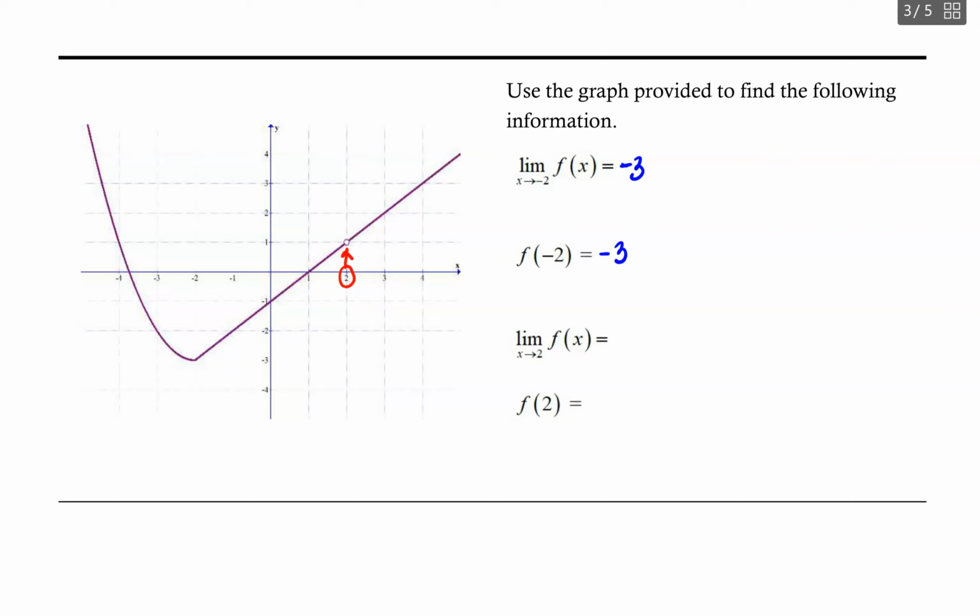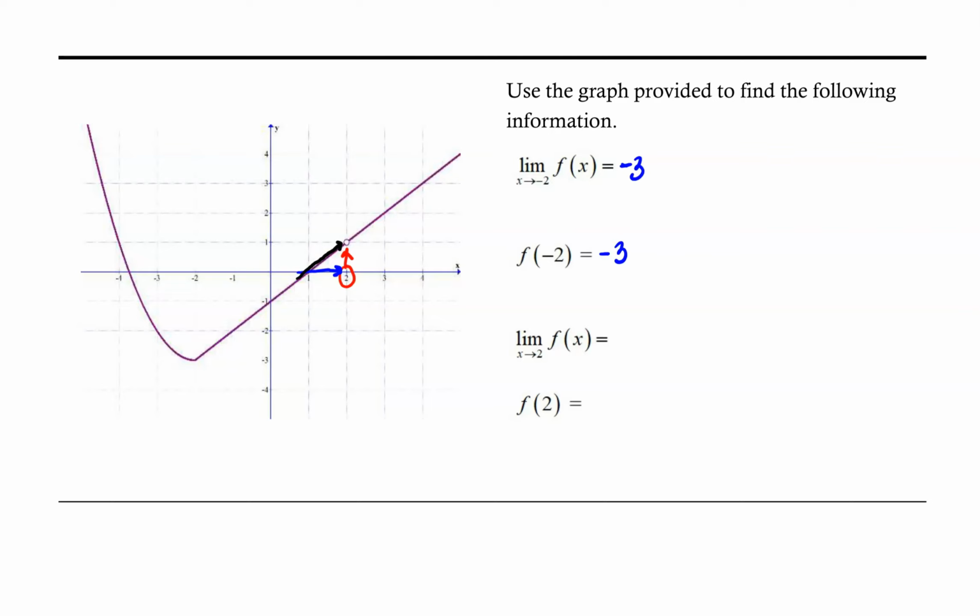So starting from the left, as my x values increase towards 2, what's happening with my y values, or my function values? It appears that my function values here are increasing as well, and it appears to be approaching 1. So let's see what happens on the right-hand side.